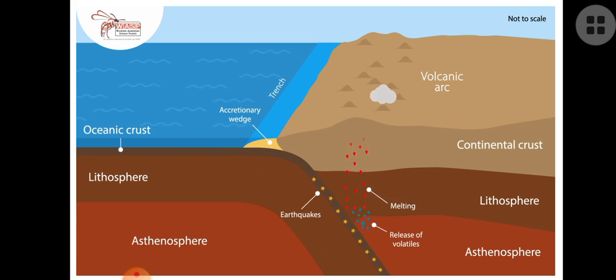But if two continental crusts collide, it forms mountain ranges. In the north of India you can see the Himalayan mountain range. Our Himalayas were formed because two continental crusts collided with each other. So these are some of the important movements of the earth.